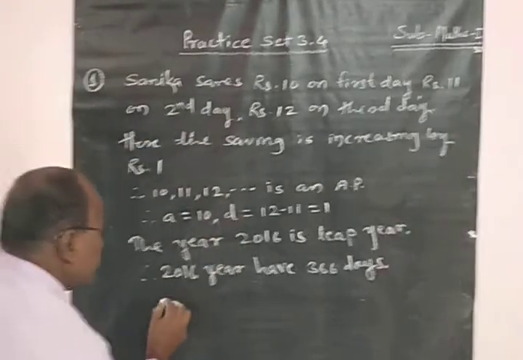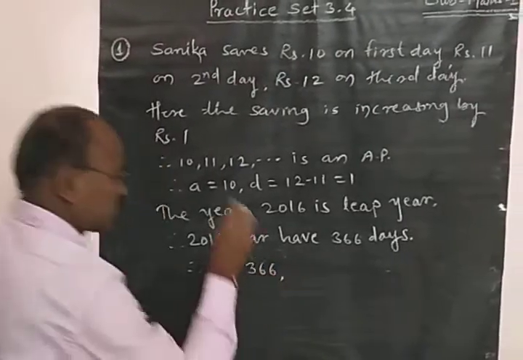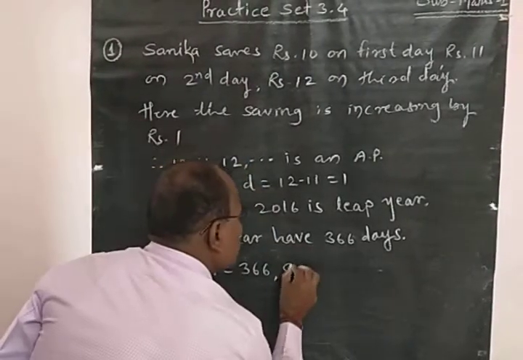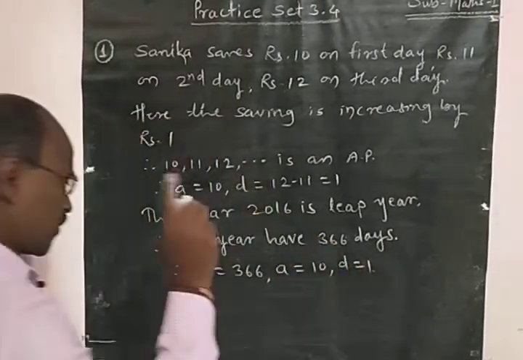Therefore here n is equal to 366 and a is equal to 10 and d is equal to 1.